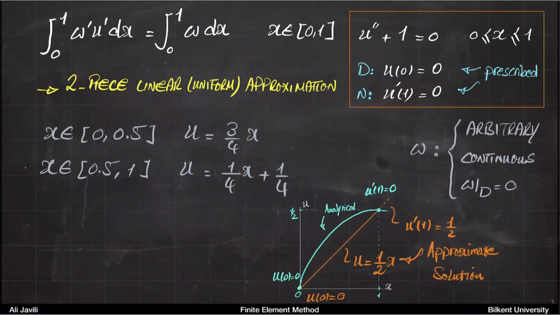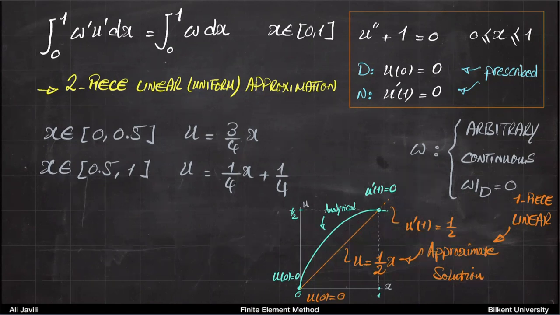Okay, so you remember this was what we had before. The orange function is the approximate solution. It's a linear approximation, so I now call it the linear approximate solution of one piece. It's a one piece linear approximate solution. What we have now is a two piece linear approximate solution, and this would be the gray function in front of us.